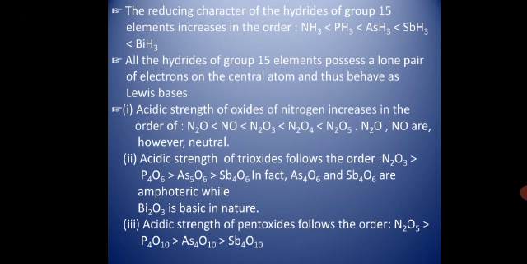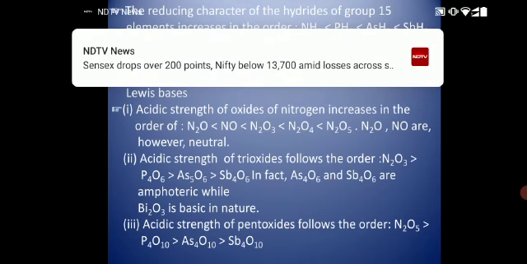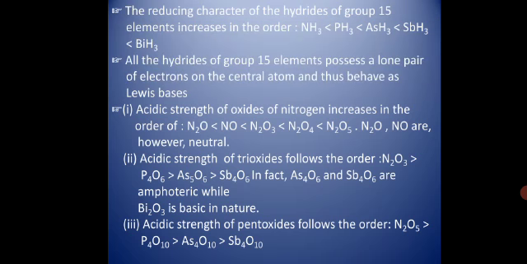Now the acidic strength of the oxides of nitrogen increases in this particular order: N2O, then NO, N2O3, N2O4, N2O5. N2O, that is nitrous oxide, and NO, nitric oxide, are however neutral in nature. The reason for the increase is that the oxidation number increases.